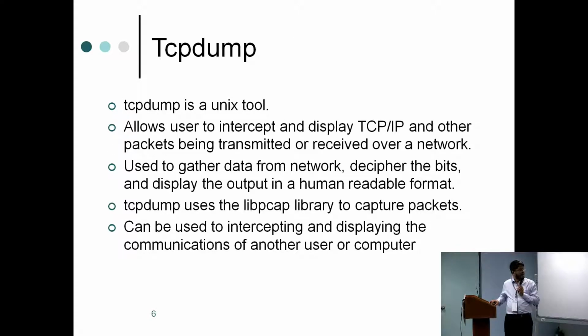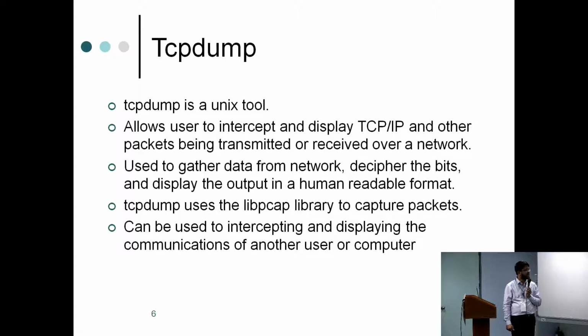Okay. So Tcpdump is a tool basically for Linux. It allows users to intercept and display network-level packets, and we can do filtering. We can see packet contents, and it can also identify protocols and fragment the packet accordingly.